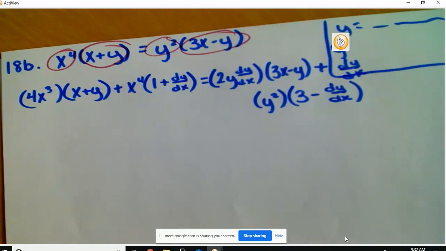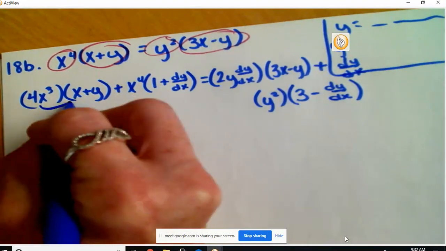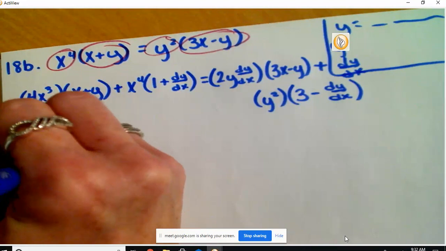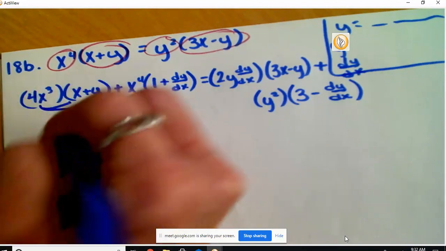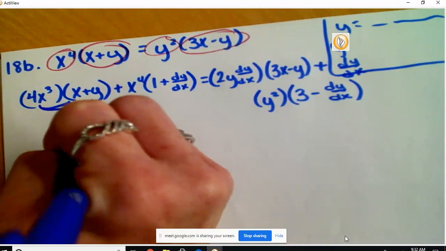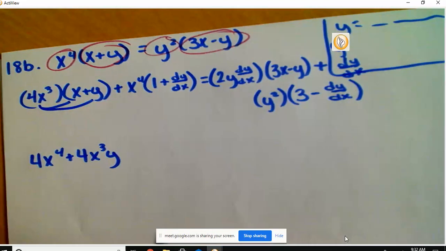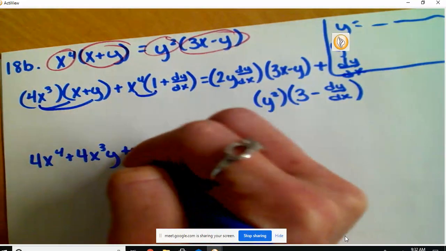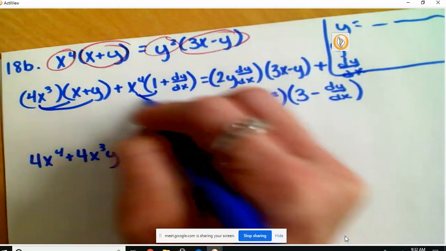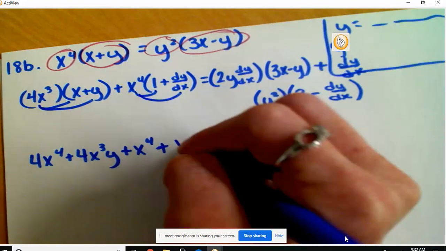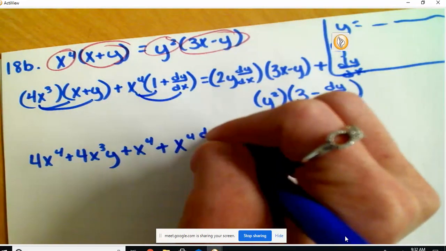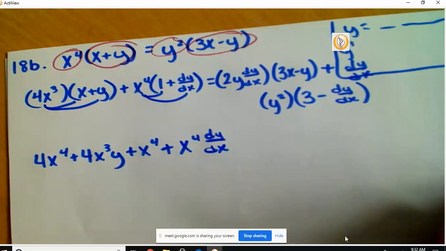Okay, our goal here is to solve for dy/dx. So let's start multiplying things out. If I distribute, we get 4x to the fourth plus 4x cubed y. Here we get x to the fourth plus x to the fourth dy/dx.